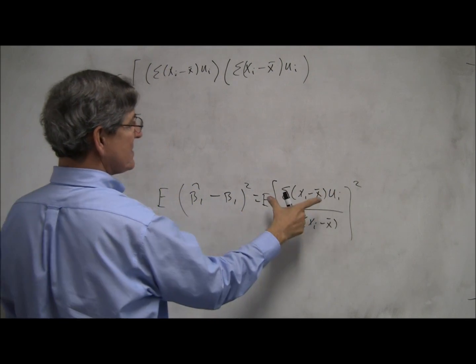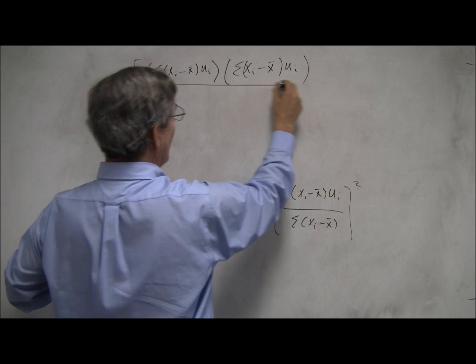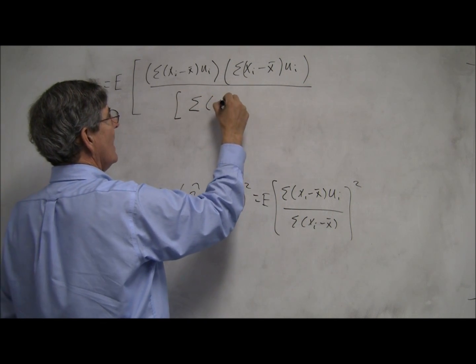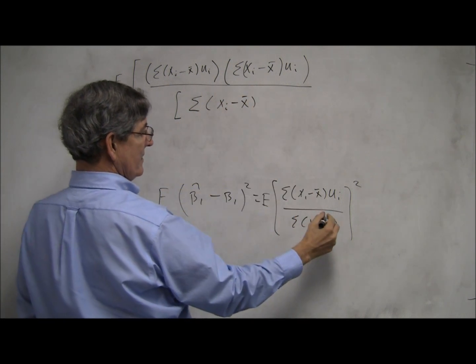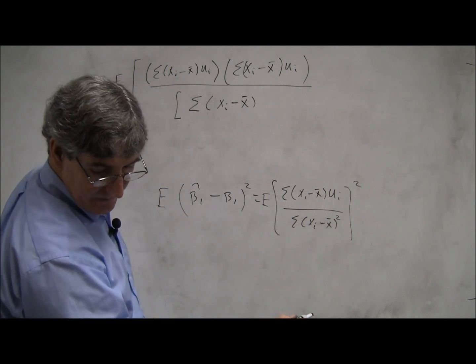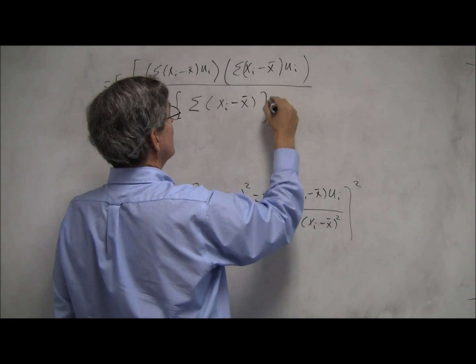That's just bringing the square inside. That's that squared divided by the sum of the xi minus x bar, squared. This should have been squared. I forgot to put a square there.